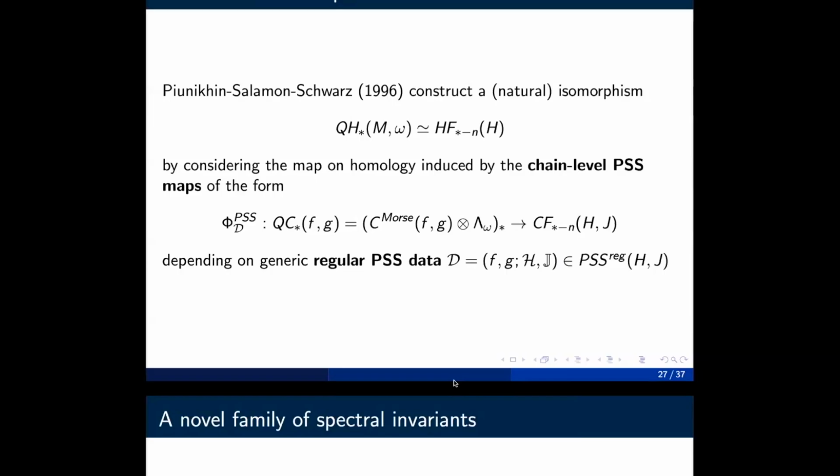The rough construction, the details aren't all that important, but it's induced by some chain level map.